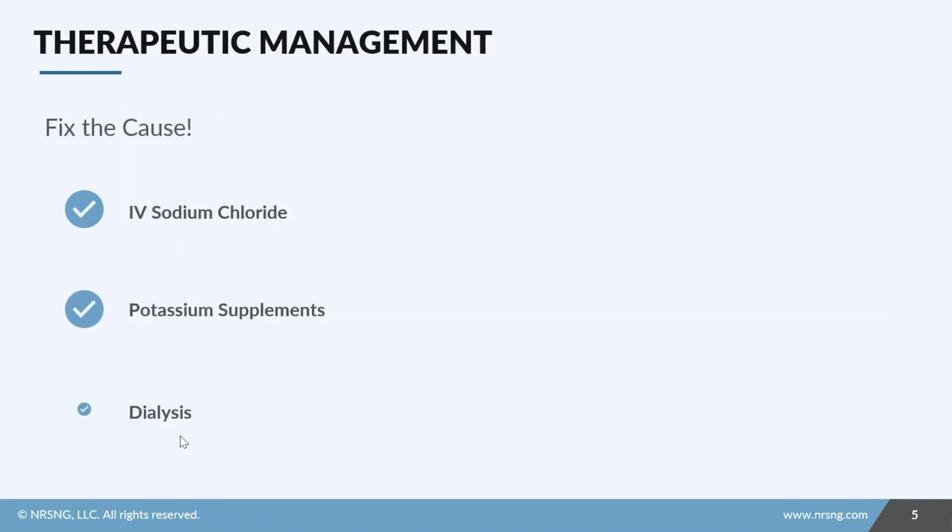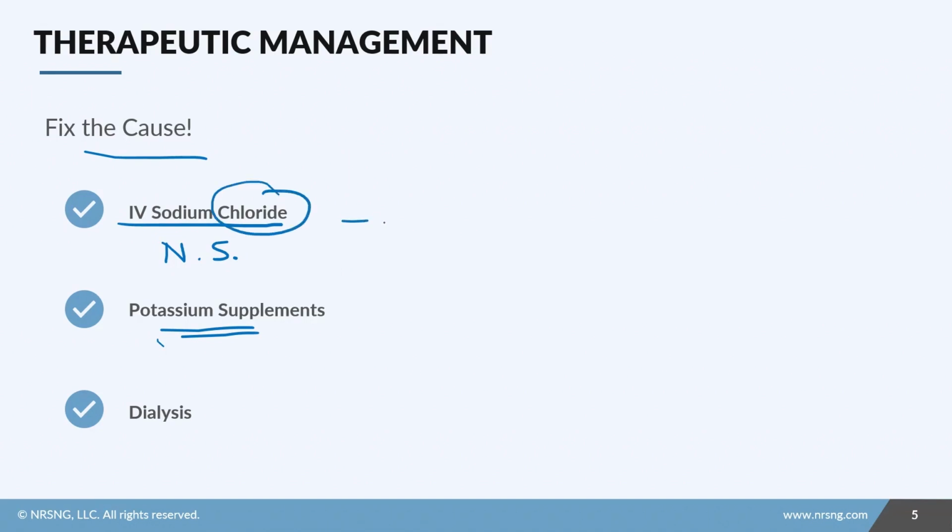So our number one priority when treating metabolic alkalosis is going to be to fix the cause. This might mean addressing the loss of fluids from all the vomiting or administering potassium supplements, but also administering IV sodium chloride, aka normal saline, is actually highly indicated for metabolic alkalosis because the chloride will help to correct the pH levels.